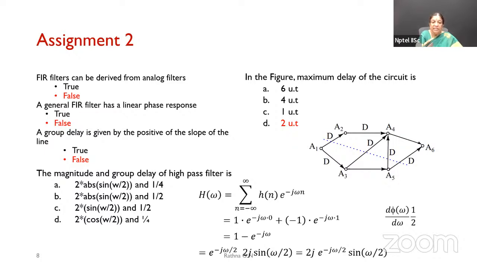And then we said a general FIR filter has a linear phase response. That is false, because if you consider a symmetric FIR filter, that is, the symmetric property, then the FIR filter has a linear phase. Otherwise, a normal FIR filter will not have a linear phase. That is the explanation for it.